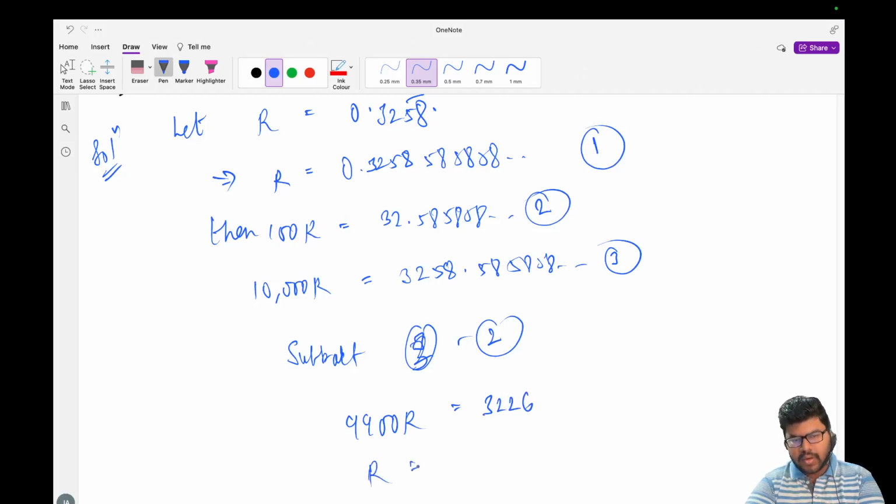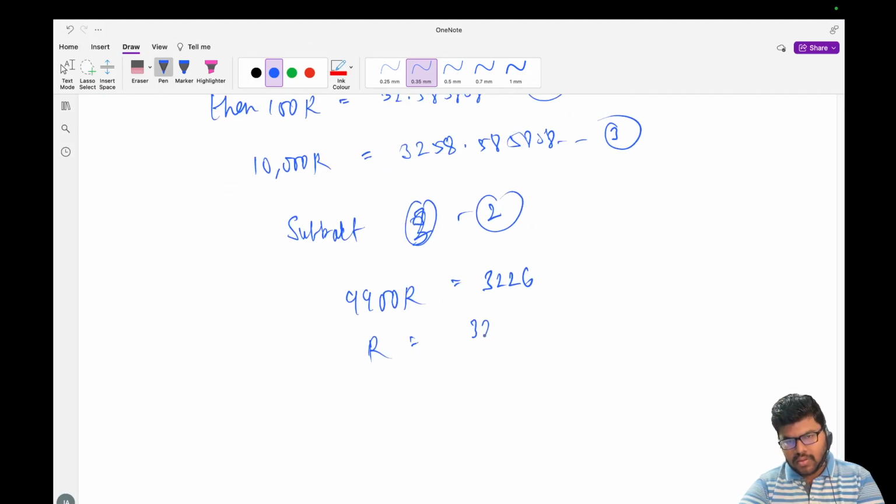So R equal to 32926 by 9900. Hence R is equal to 16463 by 4950. Right?